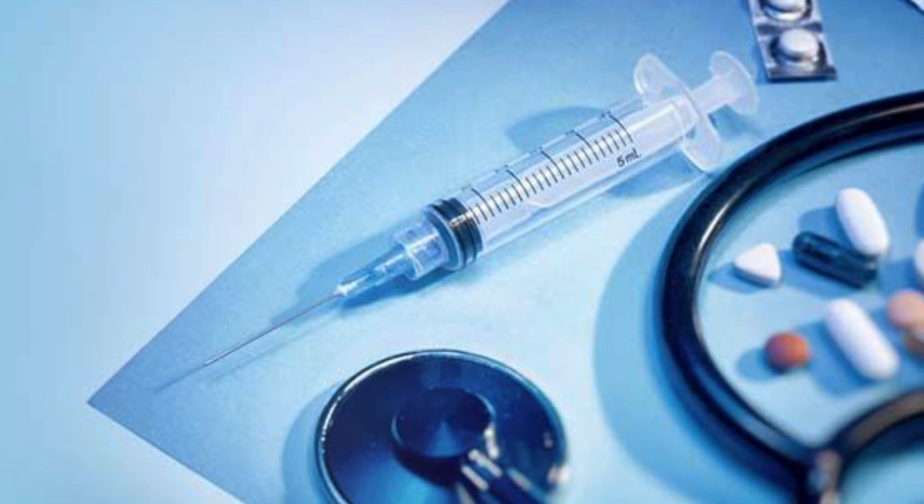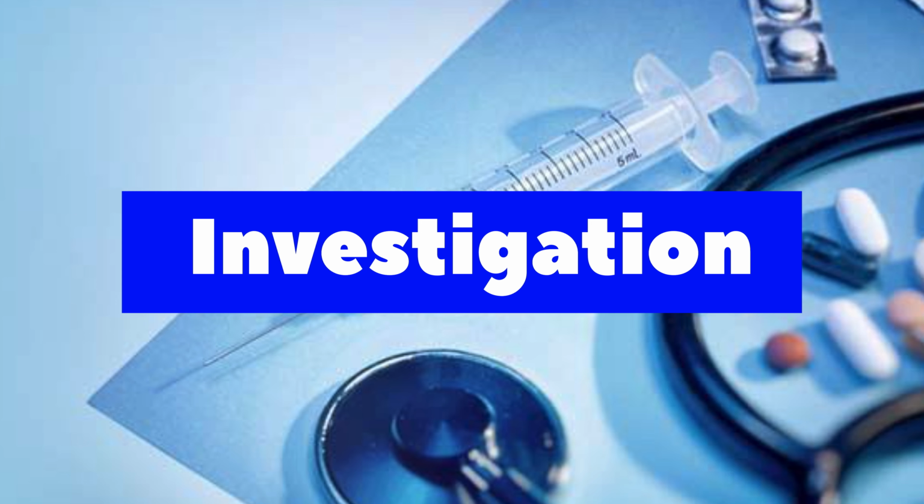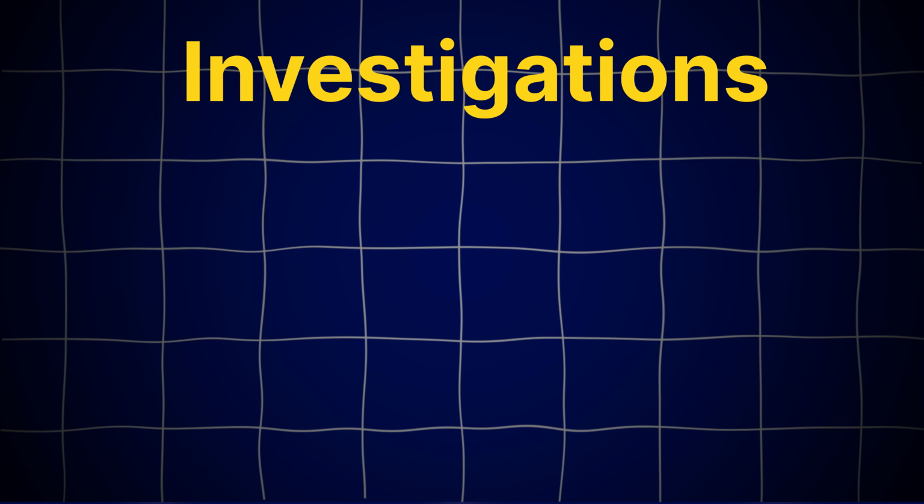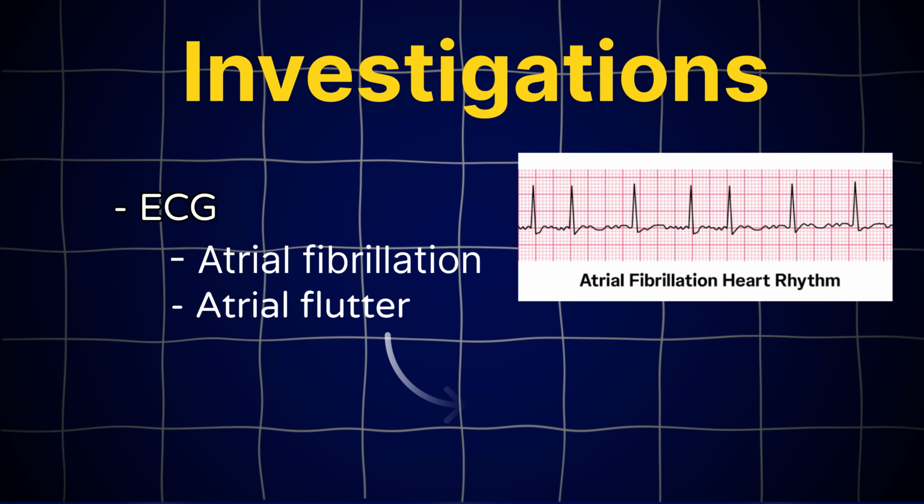Now either the same day or the next day, you will have to do certain investigations to find out the cause of the stroke and to prevent recurrence of the stroke. In those investigations, the most important thing is ECG, in which you look for atrial fibrillation or atrial flutter that can cause an embolic stroke.